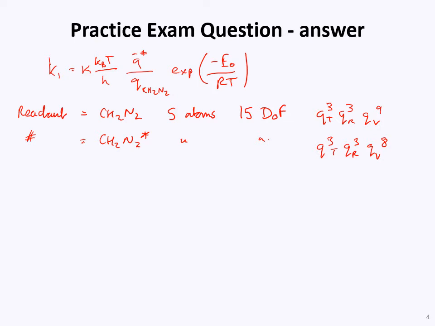So therefore we can put our Eyring equation together, and basically we just put these things into this part here. So k1 is equal to kappa. We can just say kappa is equal to 1, so we could even get rid of it, but let's keep it in for now. k_B T over h, and then we've got all of this stuff: q_T3, q_R3, q_V8, and down the bottom it's q_T3, q_R3, and q_V9, and then that's exponential minus E0 over RT.